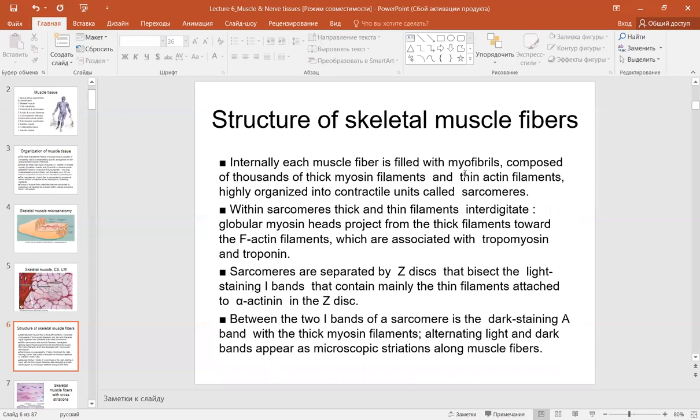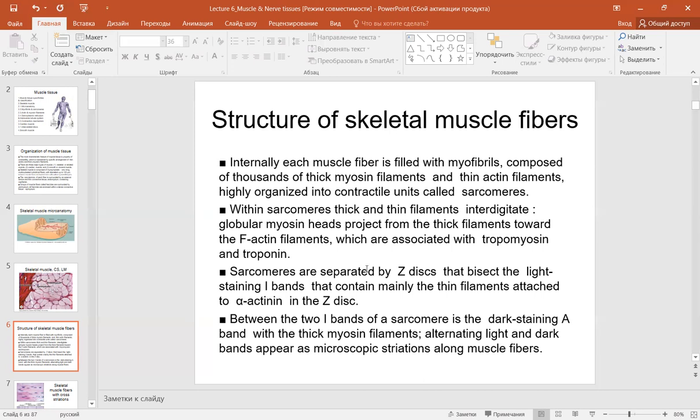Internally, each muscle fiber is filled with myofibrils, composed of thousands of thick myosin filaments and thin actin filaments, highly organized into contractile units called sarcomeres. Within a sarcomere, thick and thin filaments interdigitate. Globular myosin heads project from the thick filaments toward the fibrous actin filaments, which are associated with tropomyosin and troponin proteins.